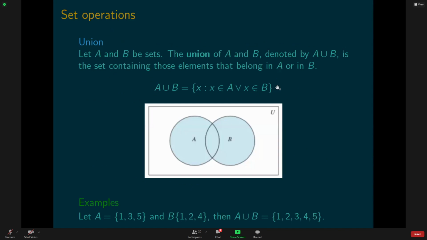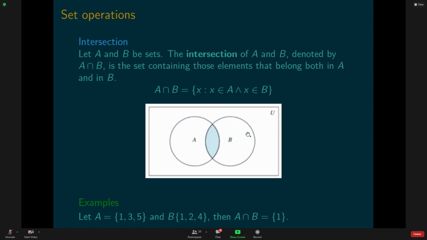Now we can have set operations. The union of A and B is the set of all elements that belong to either A or B. Here in the Venn diagram, all blue elements are in the union. The intersection is the set of all elements that are in A and in B. So now we have only this intersection, right?